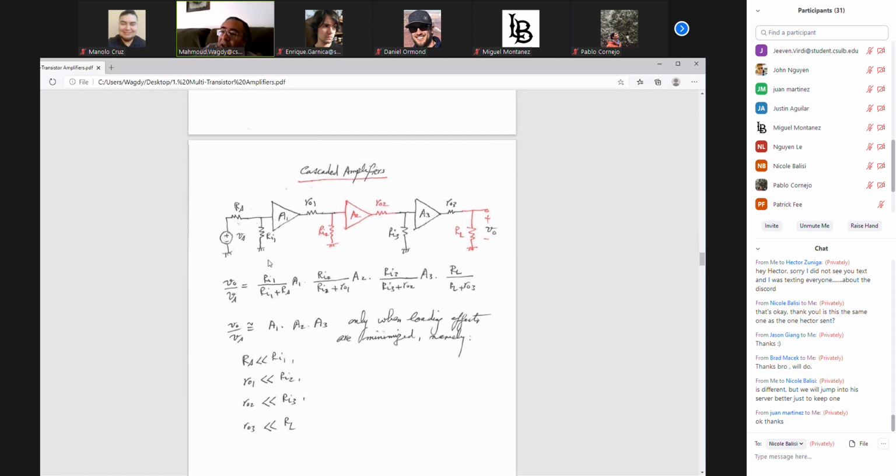All right, let's assume that we have a source resistance and an input resistance to each one of those amplifiers, and also an output resistance, RO1, RO2, RO3, and then there is a load resistance at the end. When you write down a formula for the gain, you're going to have a formula like this.